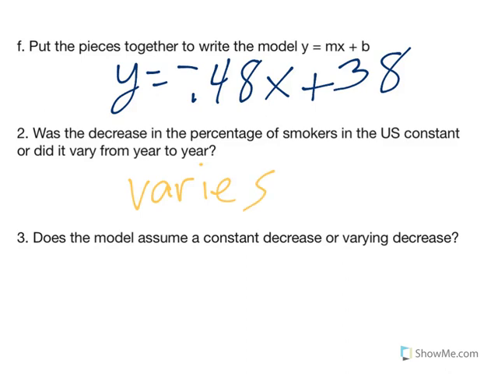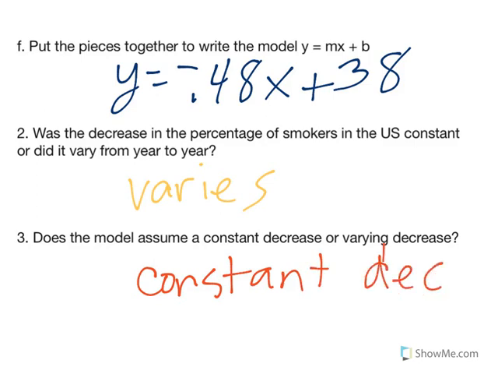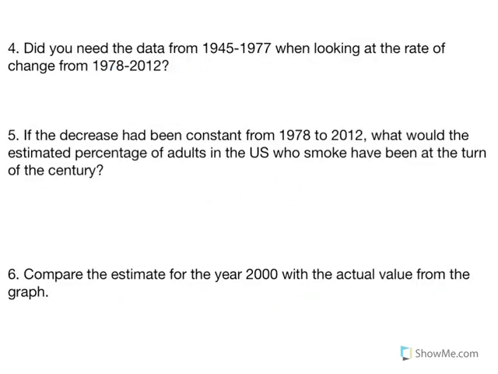The actual percentage of smokers varies from year to year, and we know that to be true. You might smoke this year and you don't smoke next year. It changes. But the model assumes a constant decrease. And that's the purpose of using a model, so that we can predict for future uses. If we can't predict, then we're not going to know. So we have a constant decrease for number 3.